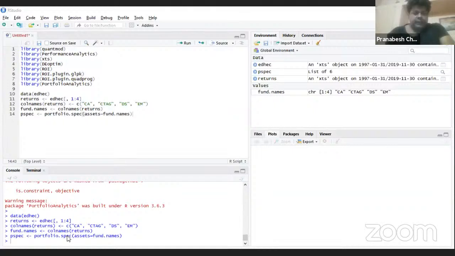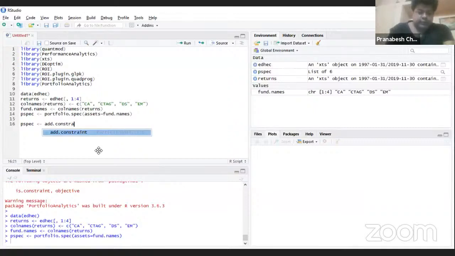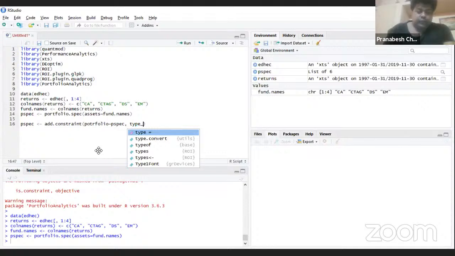There is another type of constraint, let us say pspec, type equals dollar neutral, add.constraint, portfolio equals pspec and type equals dollar_neutral.